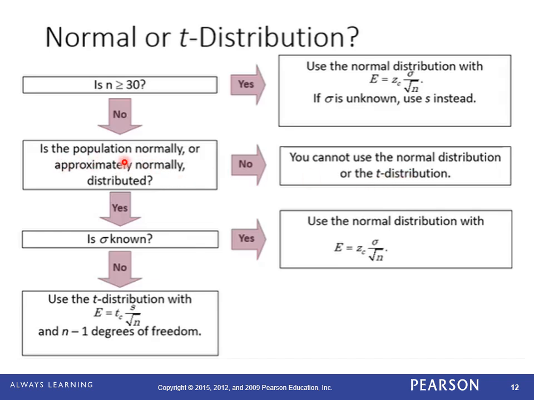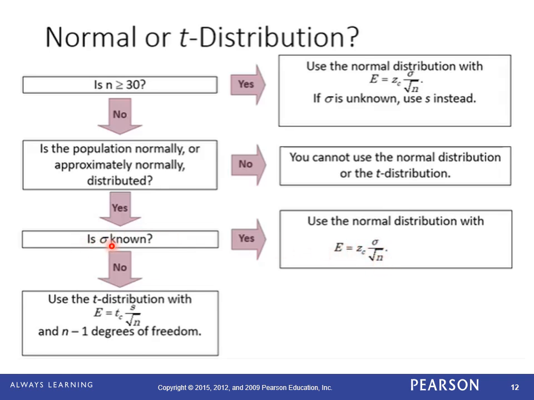If it is normally or approximately normally distributed, and we know the population standard deviation, then we can use the normal distribution. So again, we would plug in our population standard deviation and use this formula to find our error.